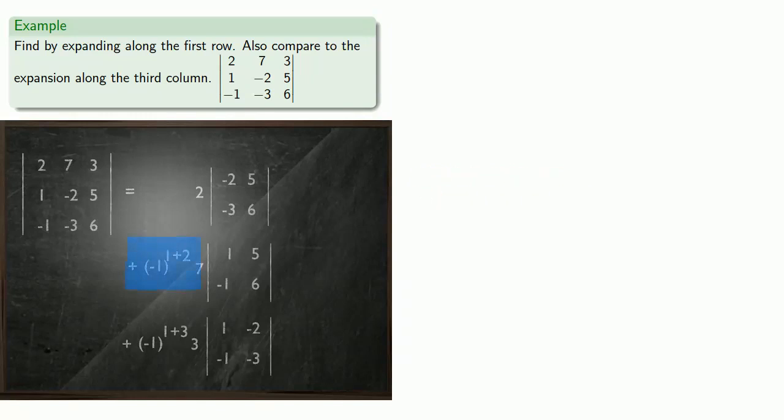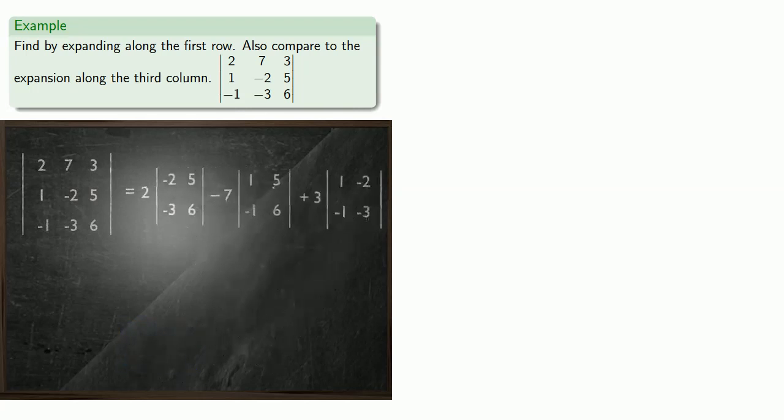Negative 1 to the power 1 plus 2, that's an odd power, so that means we'll subtract the second term. Negative 1 to the power 1 plus 3, that's an even power, so it's the same as just adding this term.